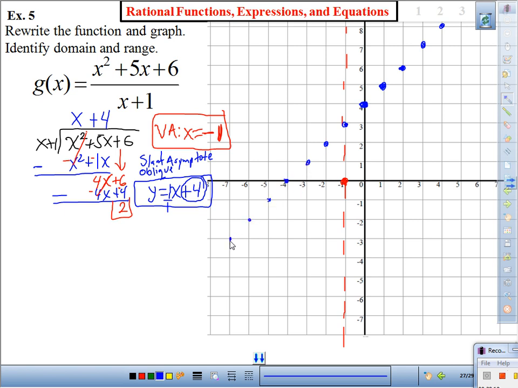There it is. And then make it a dash or dotted line. This is what we call a slant asymptote, or in other words, an oblique, also known as a diagonal asymptote. So from now on, I'm going to label it like this. Look up. SA. What does SA stand for? Slant asymptote. Okay. And here goes the graph. Look up.